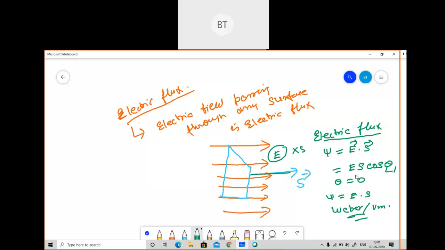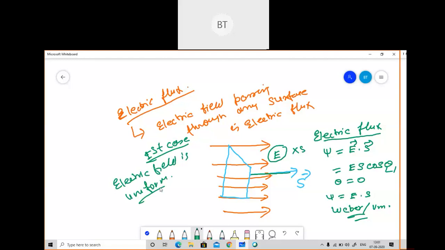The value of theta is 0, so cos 0 is 1, and I have calculated electric flux equal to E dot S. This is case 1, in which the electric field is uniform and the surface is placed in that uniform field.